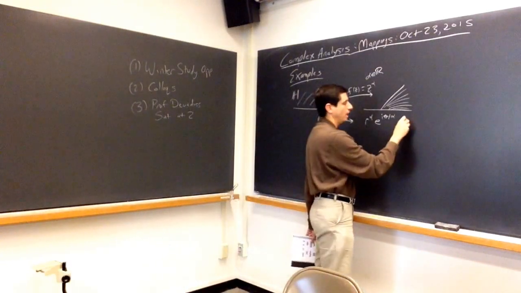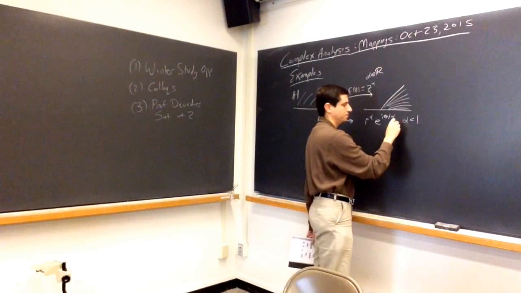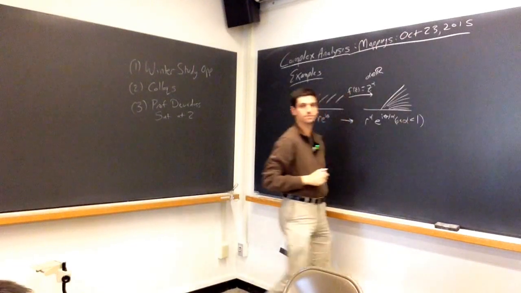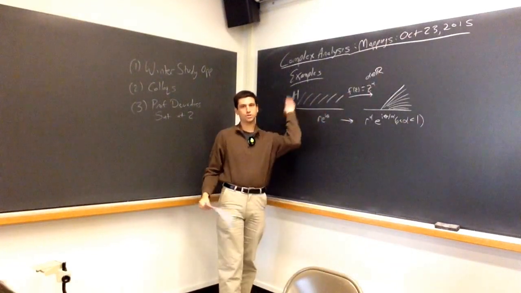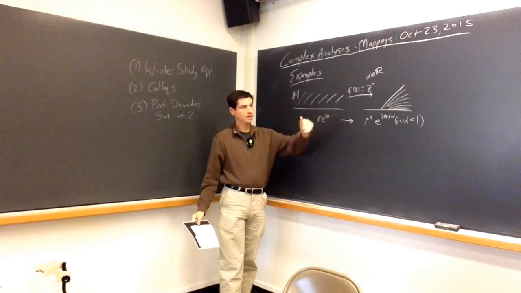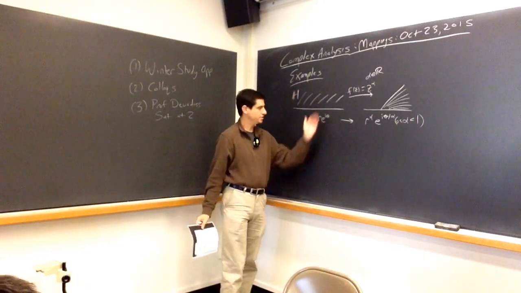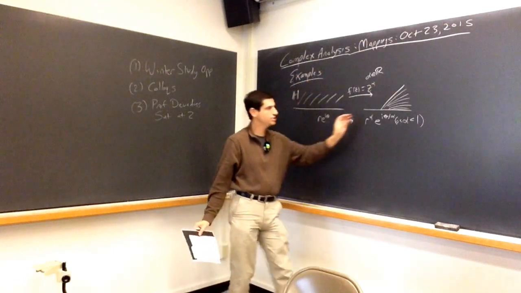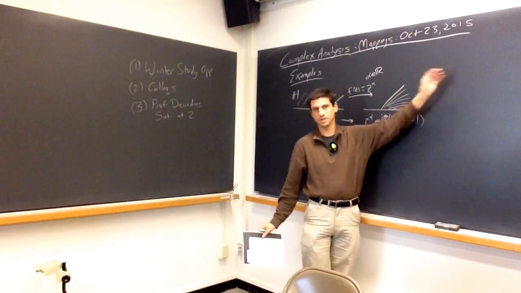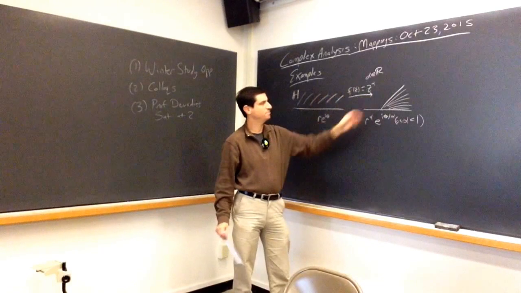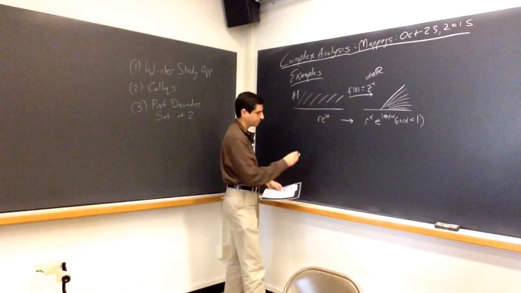So this is probably alpha less than 1 and greater than 0. It's basically going to shrink the angle, and it's going to shrink the radius. Since we're going all the way off to infinity, we're still going to have the entire sector. But it's going to map the whole upper half plane into a smaller piece.